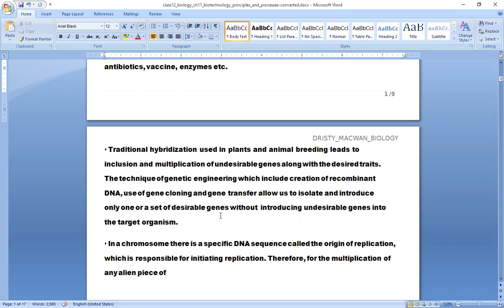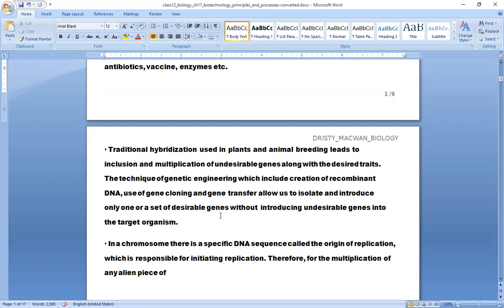Once you have isolated them, you have only the 5 desired genes. So these 5 genes, when introduced into the host body, are the only ones going to express themselves. So there will be no disturbance or introduction of undesirable genes. Through this technique you can get the product easily as well as in a pure manner.